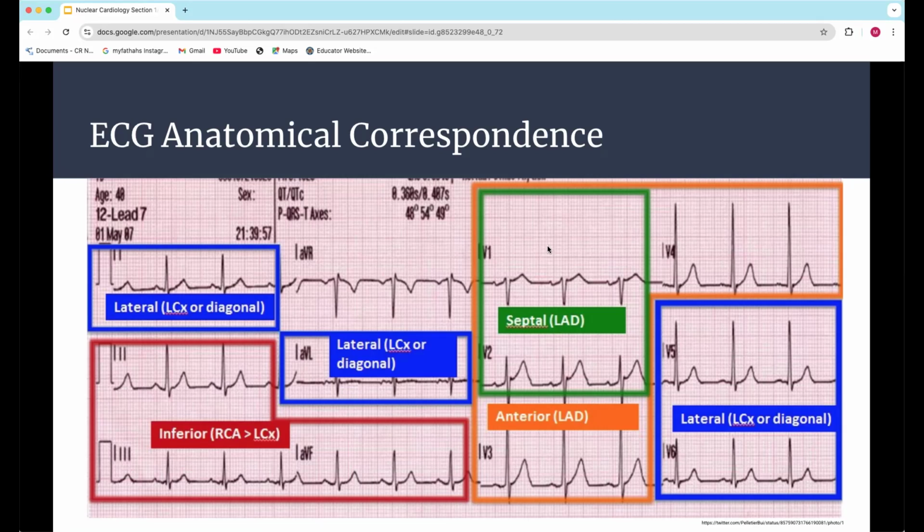So like I mentioned before, remember V1 and V2 are right by the sternum, but because the heart's turned slightly, we're looking more towards what we would call, if we're thinking about just the left ventricle, the medial side, which is the septum where it meets the right ventricle, right? So when we look at V1 and V2, we're looking at the septal wall of the left ventricle. When we look at V3, which is slightly to the left, now that's where the actual anterior side of the heart is, right? So V3 and V4 are more of an anterior view of the heart. And then V5 and V6 coming out to the left are your lateral view of the heart, okay?